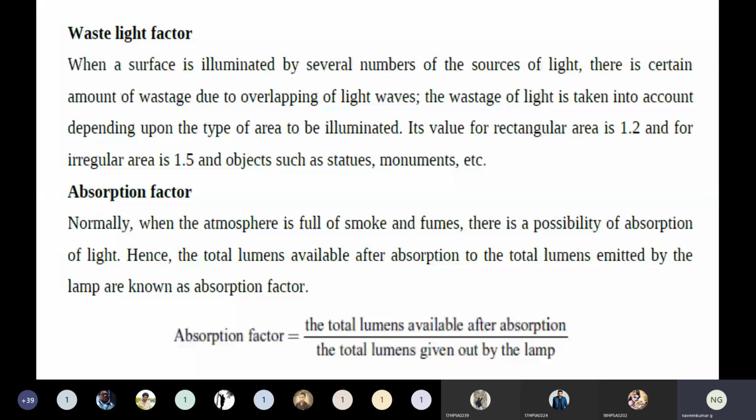So the wastage of light is taken into account depending upon the type of area to be illuminated. So this waste light factor is an important phenomenon.